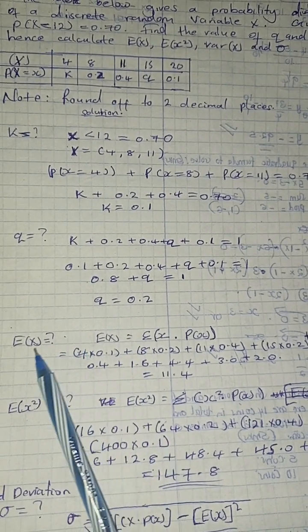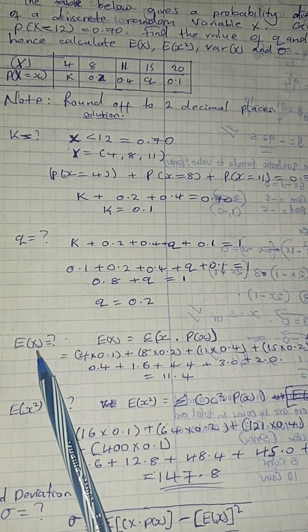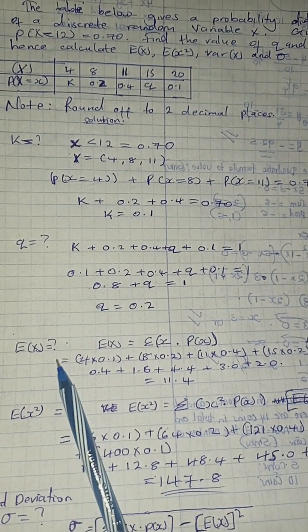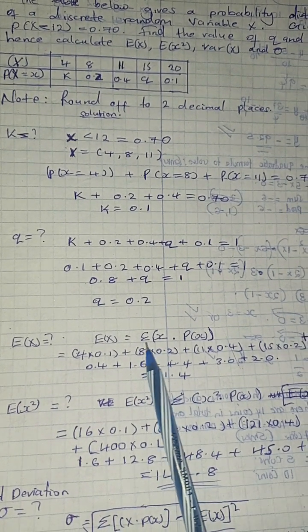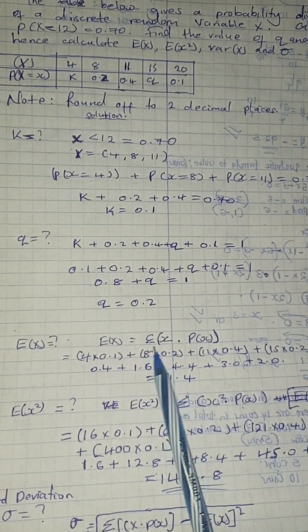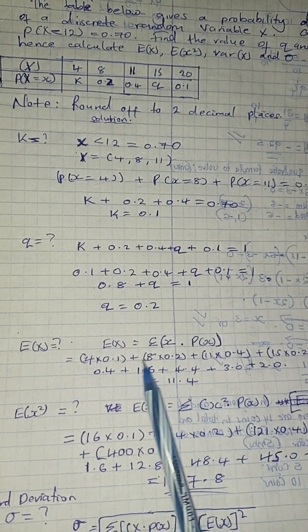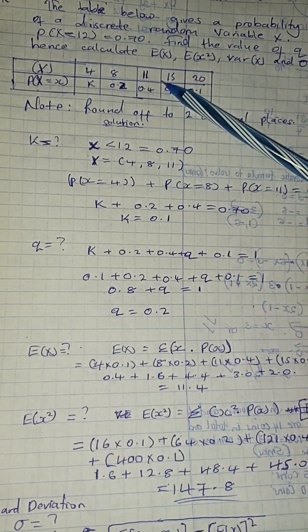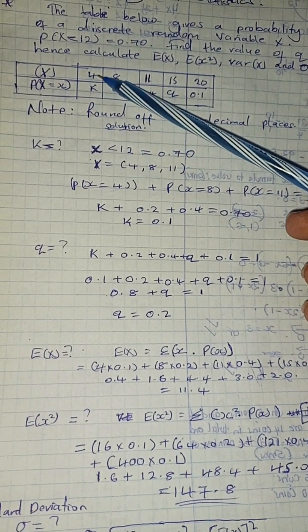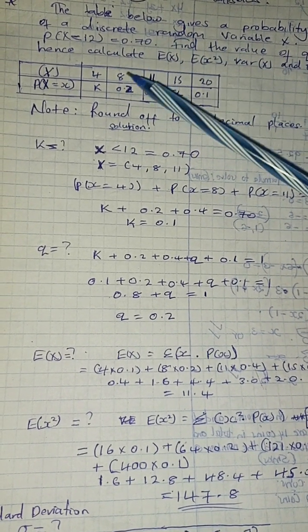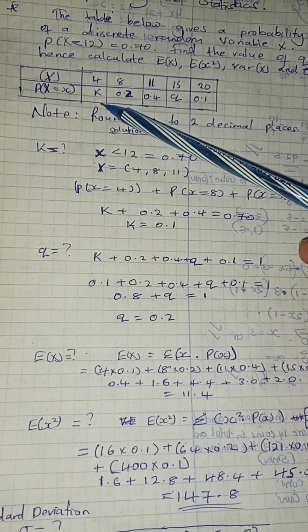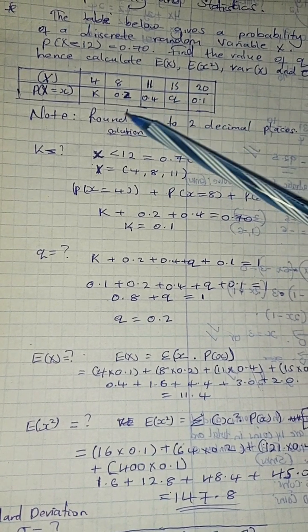Now we are going to calculate E(x). The formula for E(x) is equal to the summation of x times P(x). Now we have this in our table. You just multiply 4 times k, 8 times 0.2. We have the values.